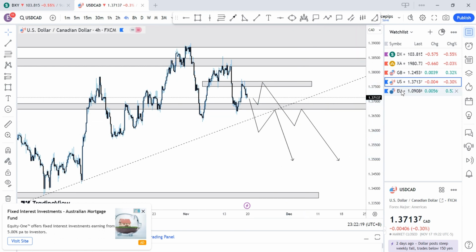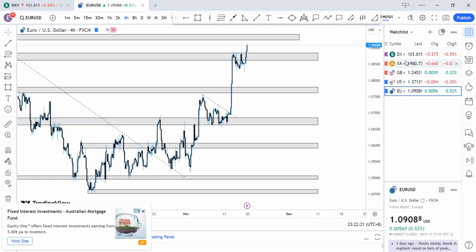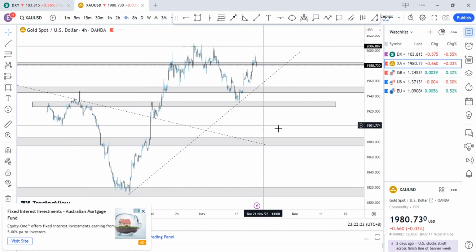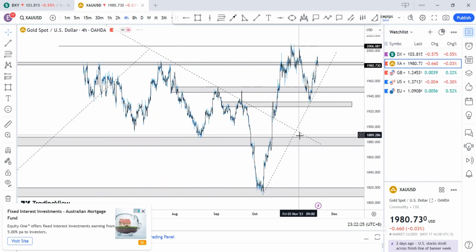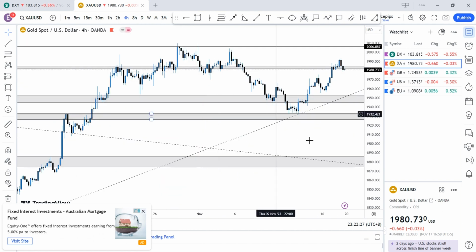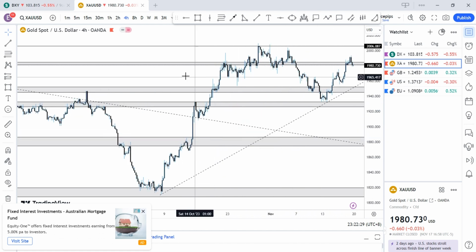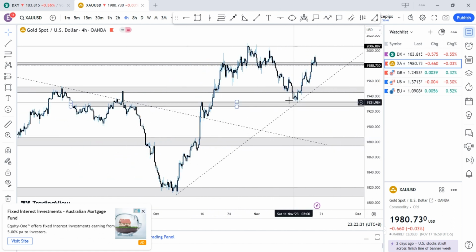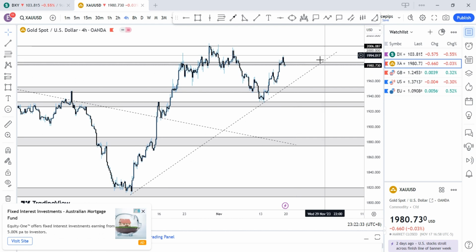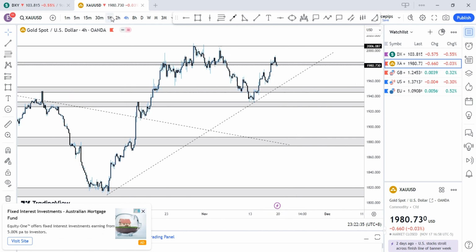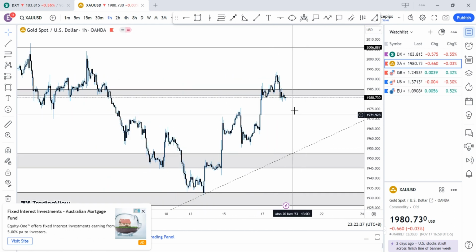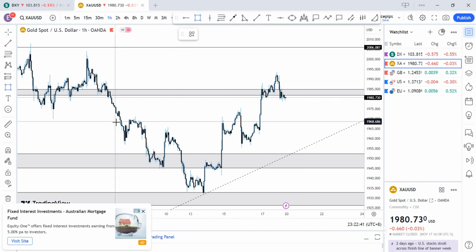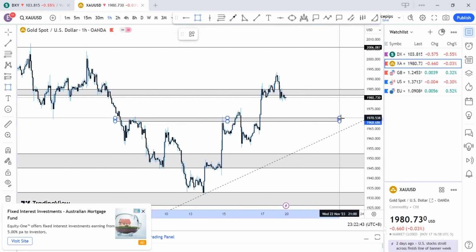For Euro USD. Before I get to the bonus, coming back to gold, what I'm anticipating is two things. If the war between Palestine and Israel is still ongoing and there is a lot of uncertainty, we might still see gold continue to the upside. But before then, sliding down to the 1 hour time frame, we might have a little bit of a pullback first, maybe to these regions of 1970.